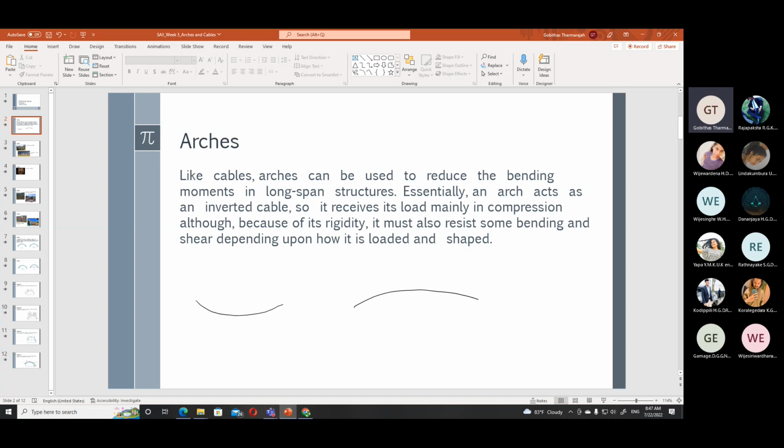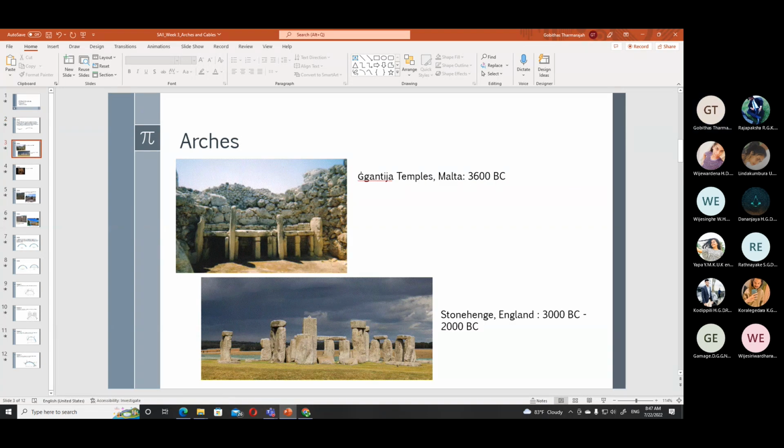The arches, if you look at it, go back to a very long time. Okay, so the origin of arches, how it has started. So this is a temple in Malta that is 3600 BC. Just look at the age.